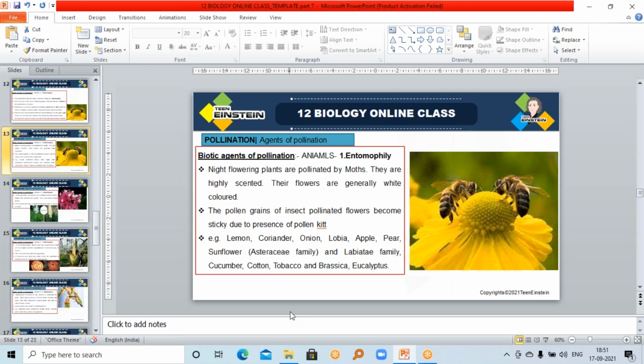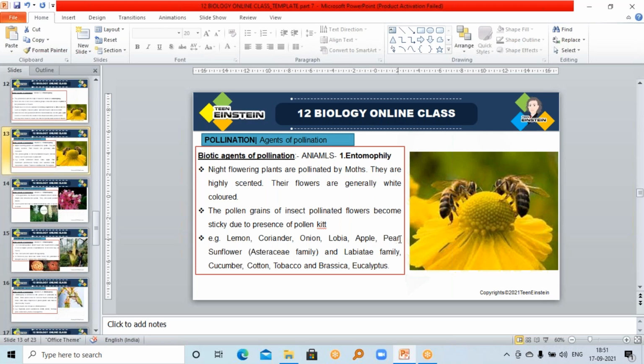And pollen kit is the protective envelope, or the adhering agent. Got it? And examples for entomophilous plants are cucumber, cotton, tobacco, then apple, pear fruit.